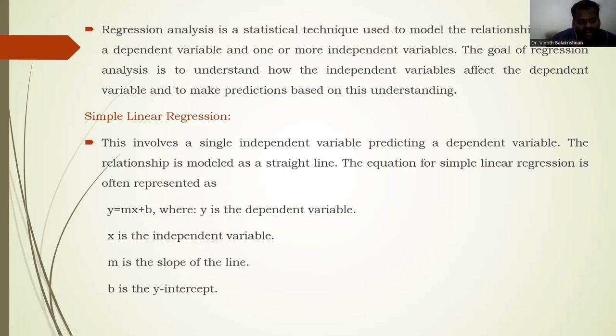Why do we use ordinary least squares? Because there are many methods to estimate unknown parameters, for example the method of maximum likelihood estimation and the method of moments. Why purposely use ordinary least squares? Because this method gives the unknown parameter values with the minimum error, the least error.